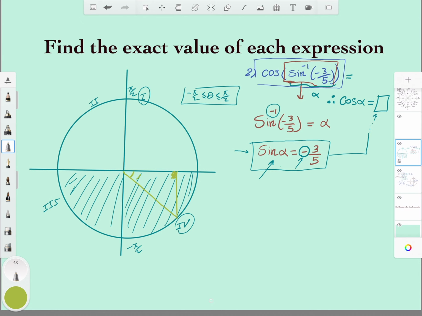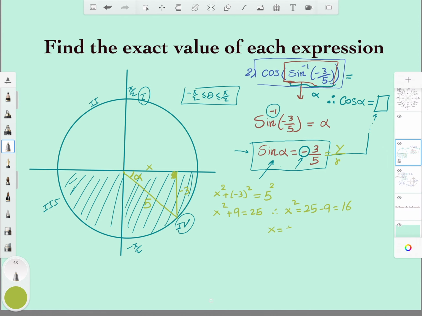I call this alpha. Then sine of alpha is y over r. So this is negative 3 and 5 is the hypotenuse. Using the Pythagorean theorem, I call this one x. We have x squared plus y squared equals r squared. So x squared plus 9 equals 25. X squared equals 25 minus 9 equals 16.